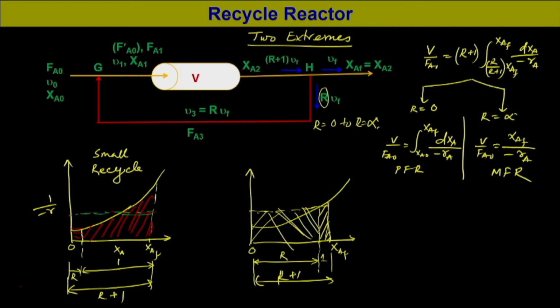So, the average area requirement would be high compared to small recycle. So, this is for large recycle.